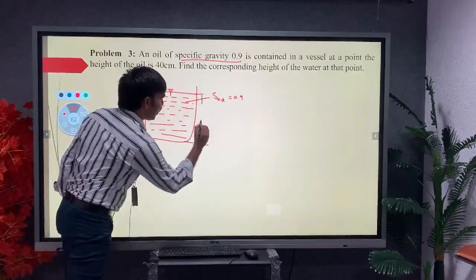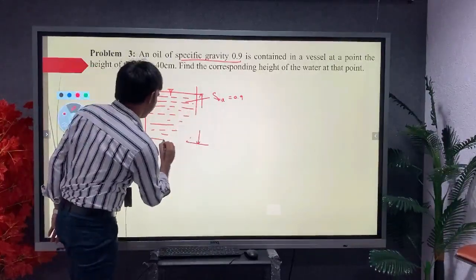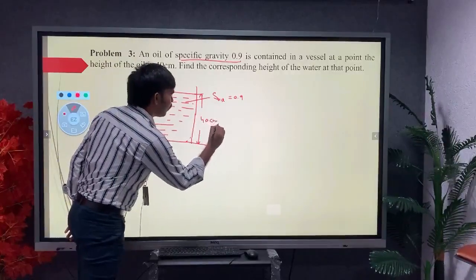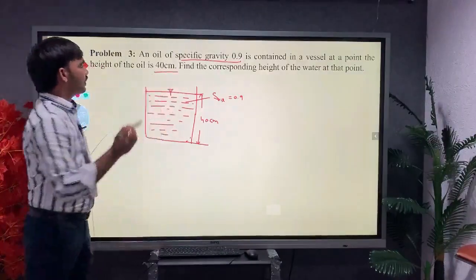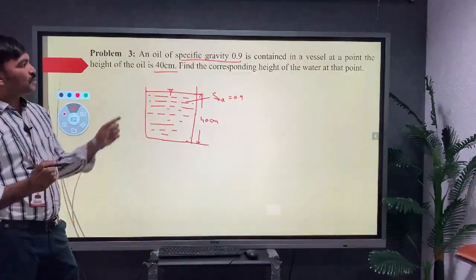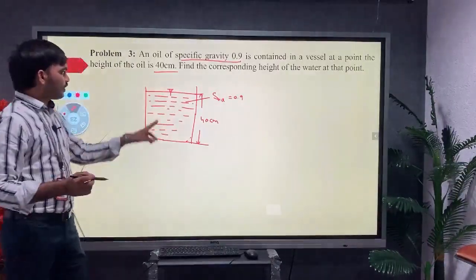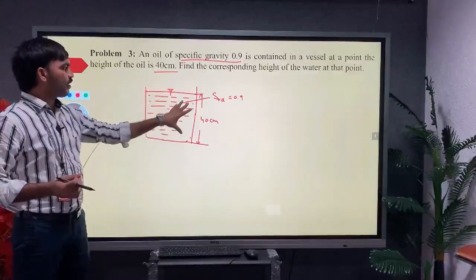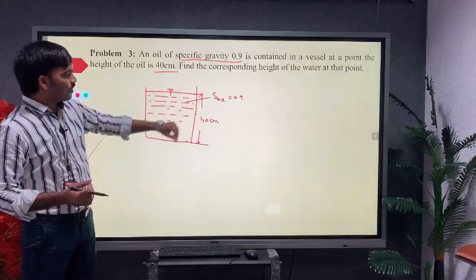Find the corresponding height of the water at that point. So there is a vessel which contains an oil of specific gravity 0.9, and the height of the oil is 40 centimeters.